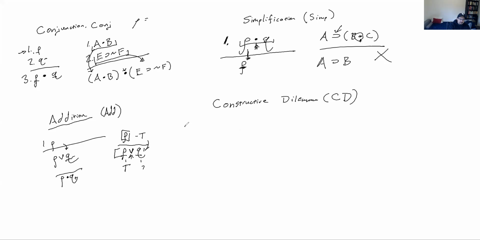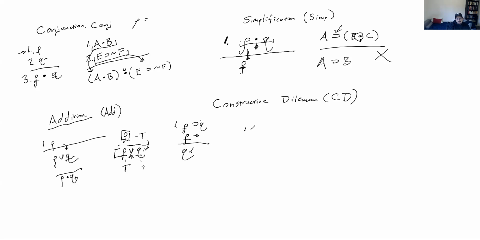If P is true, then Q is true. P is true, therefore Q is true, right? So line 1 doesn't say that P is true. It just says that if P is true, then Q must be true. You combine that with line 2, which says P is in fact true. Because P is true, it forces Q to be true. Therefore, we can conclude Q.